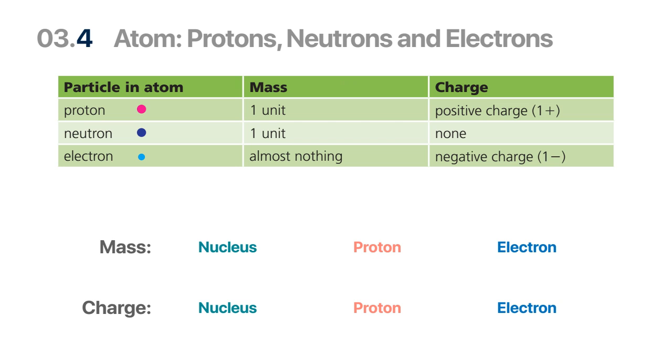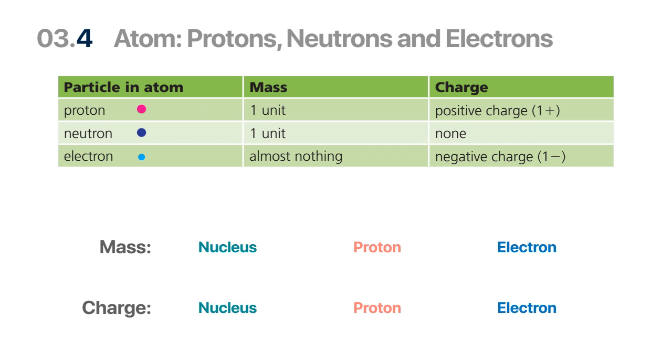A proton is very light, so you associate one proton with one unit of mass. If you have two protons, you'll have two atomic masses, and so on. A neutron has exactly the same mass as a proton.